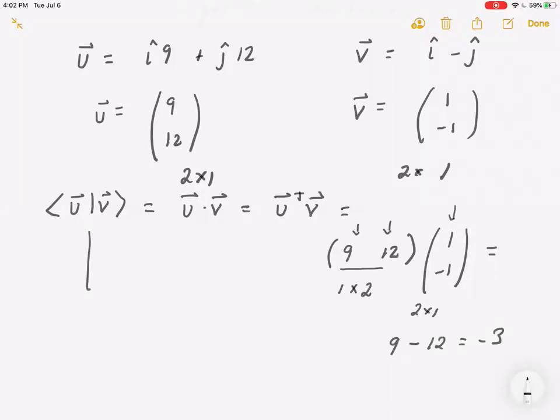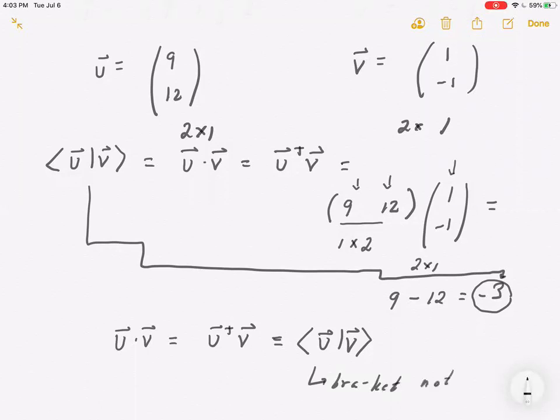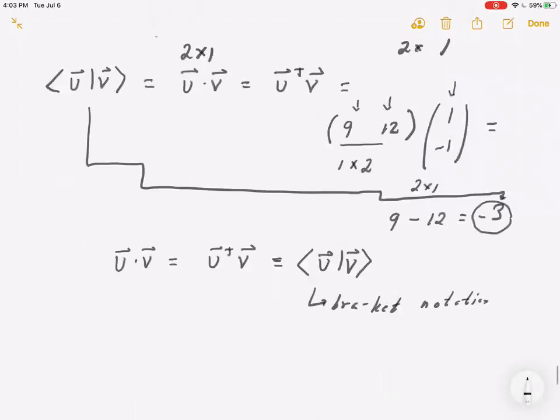So my inner product is a real number. The moral of the story is the dot product of two vectors is the same as the transpose of the matrix U multiplied by the matrix V. And another fancy way of writing that is in terms of this bracket notation, which has important applications in quantum computing and in quantum mechanics.